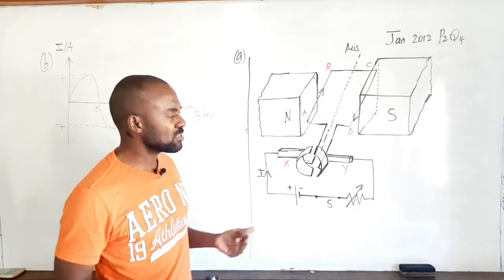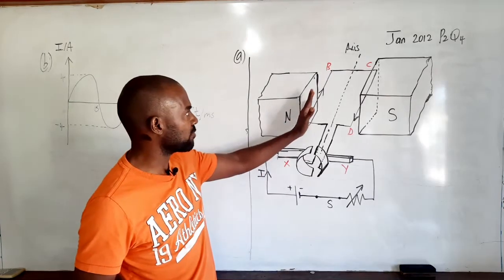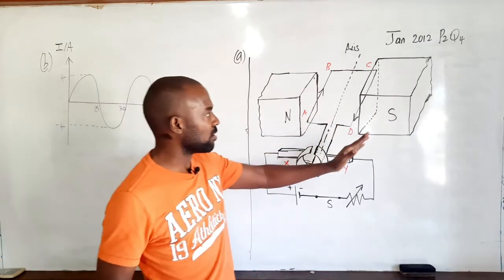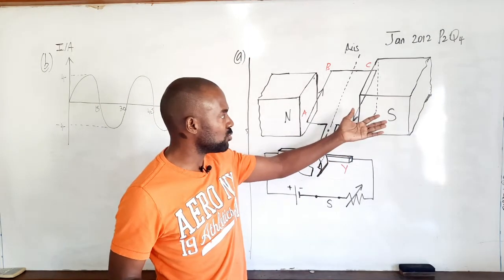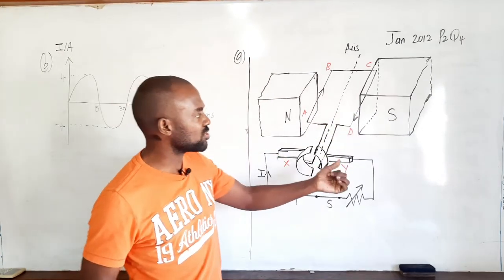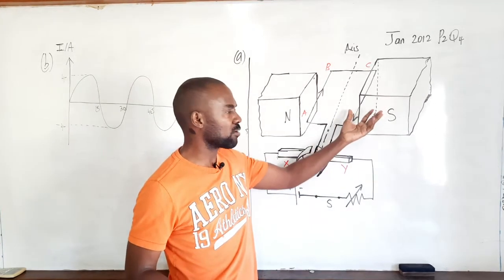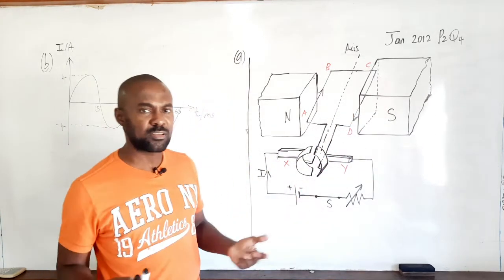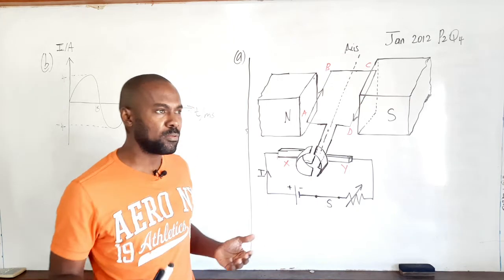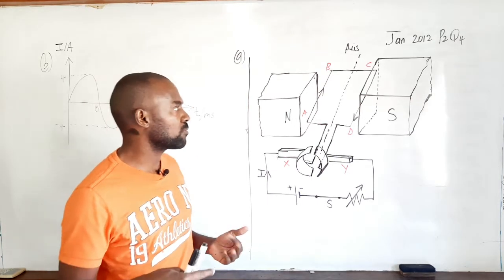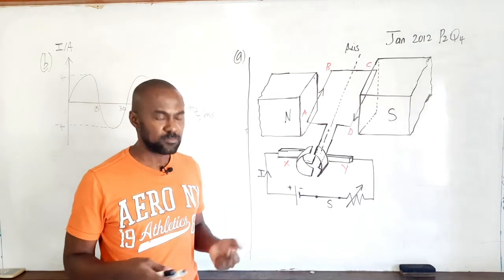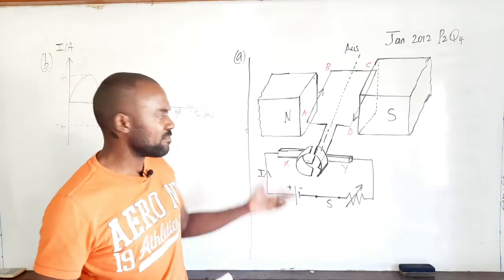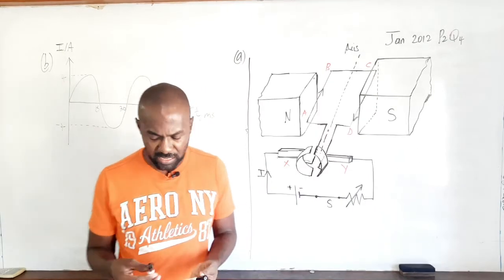A force will be exerted on one side of the coil, and an equal force of equal magnitude which acts in the opposite direction is exerted on the opposite side of the coil. These equal and opposite forces produce what is called a couple, and the torque of this couple will cause the coil to rotate. To analyze this even better, we'll need to apply Fleming's left-hand rule.